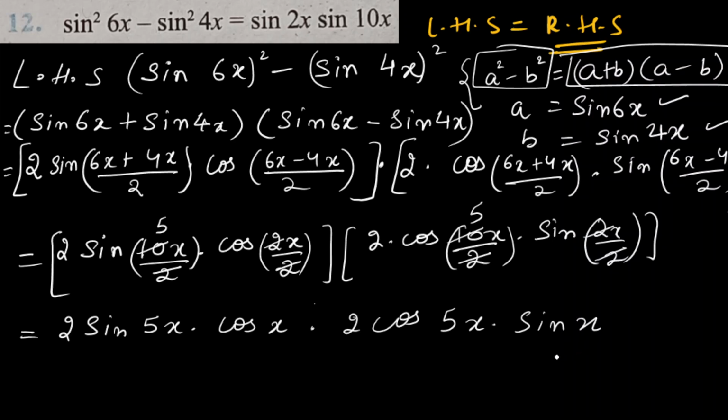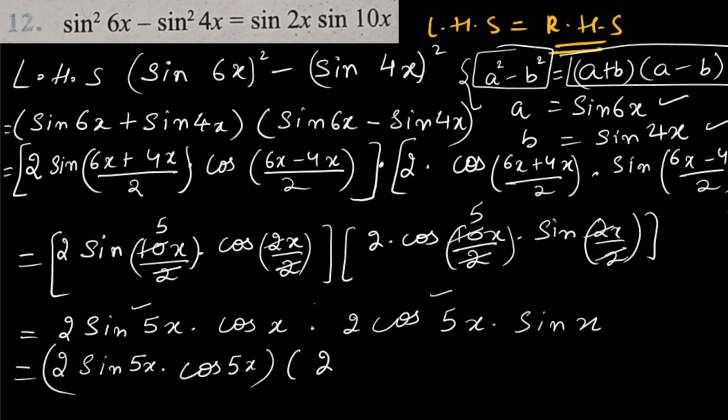Now I'll write it in a different way. Rearrangement I'll do. 5 and 5 I'll write together, and cos and sine with x I will write together. So I can write this as 2 sine 5x into cos 5x, and 2 sine x into cos x.